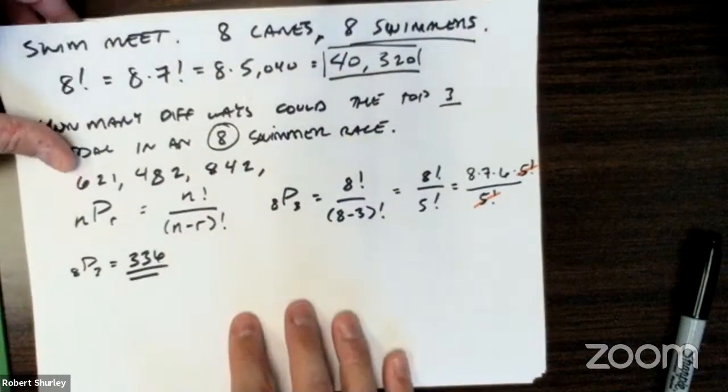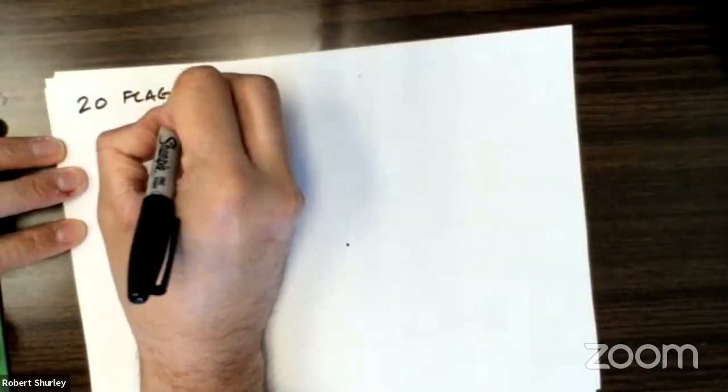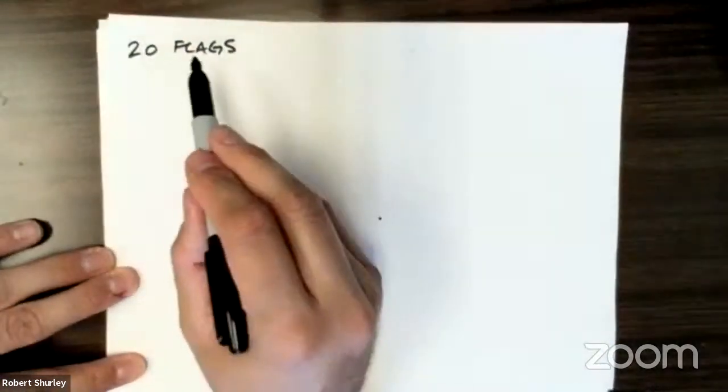Let's look at another one. Let's say we have a boat, and boats use flags for symbols, or for words, I should say. Let's say we've got 20 different flags that mean 20 different things, and their order matters here.